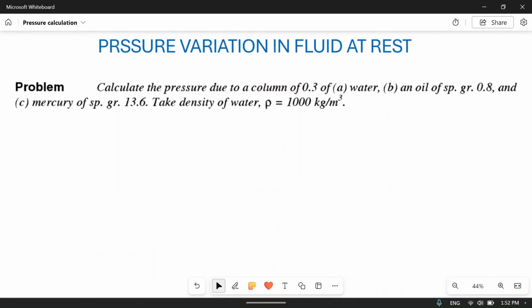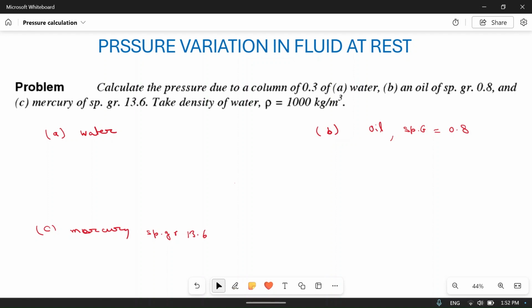Calculate the pressure due to a column of 0.3 meter of. There are two cases, A and B. A is water, and oil, specific gravity of oil is 0.8, and the third case is mercury, specific gravity 13.6.